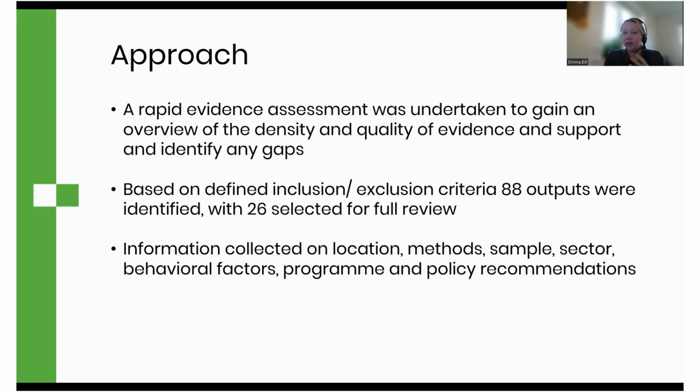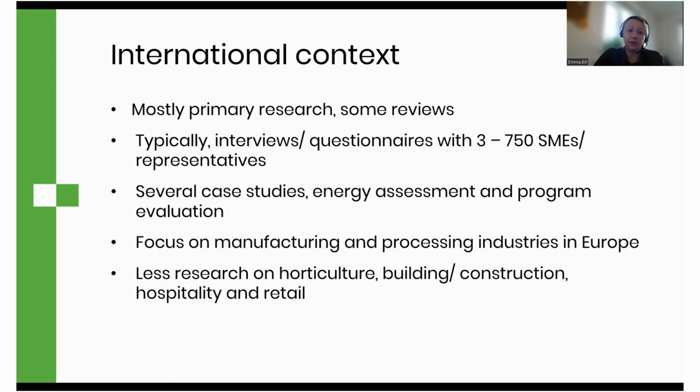Then, by taking those 88 papers through a second screening step, looking at the abstracts and referring back to the criteria and what we really wanted to find out, we ended up with 26 papers, and then we looked at those fully and pulled out information within those papers relevant to our research questions.